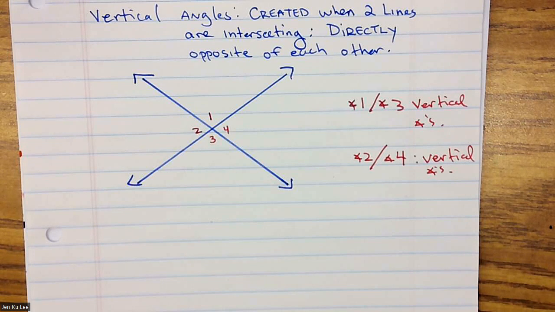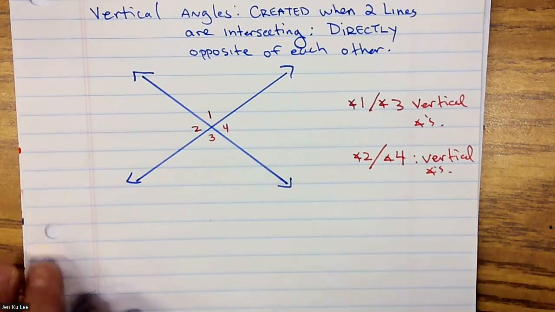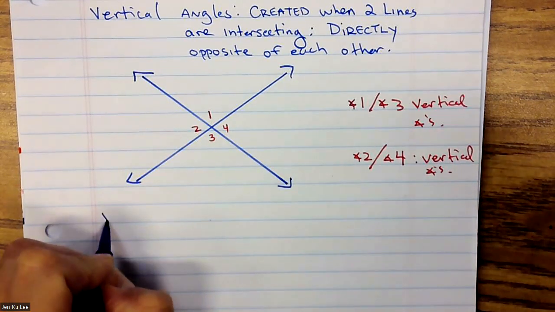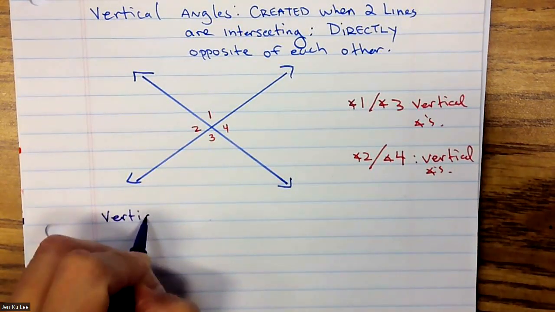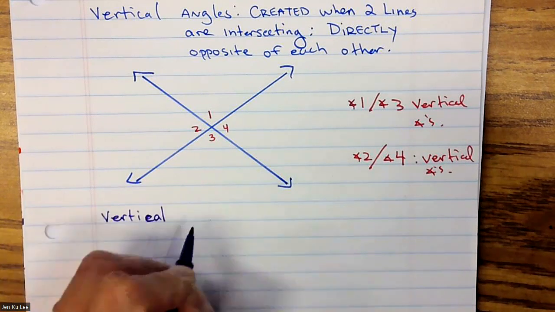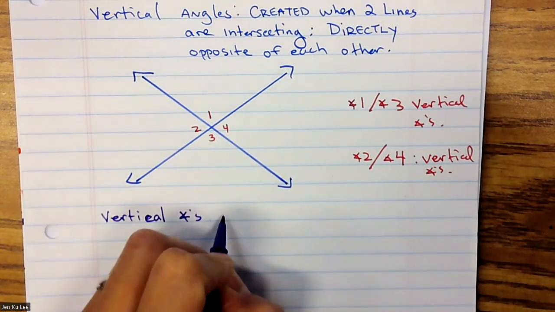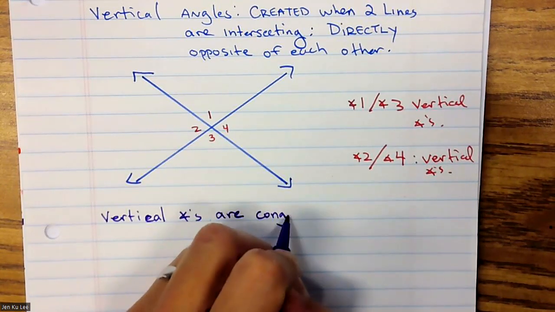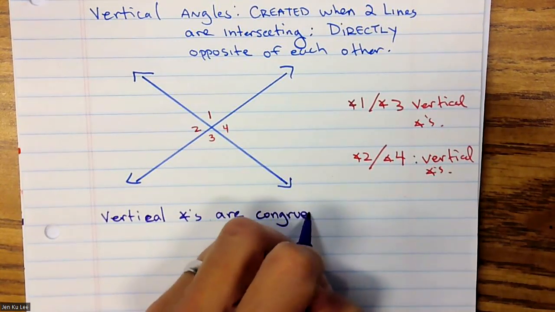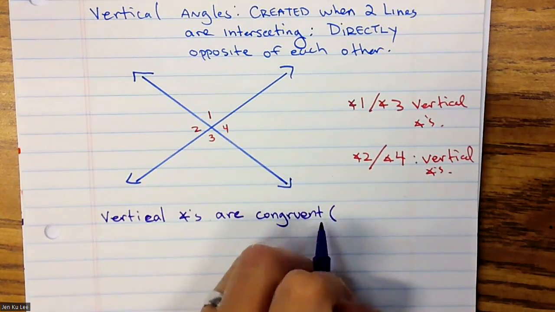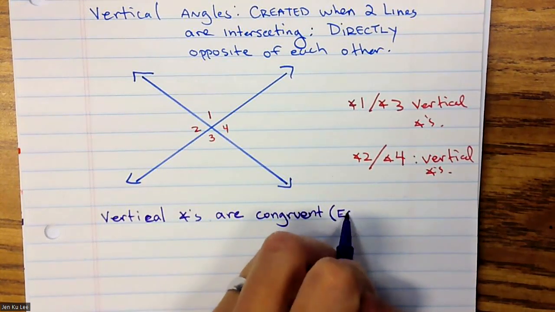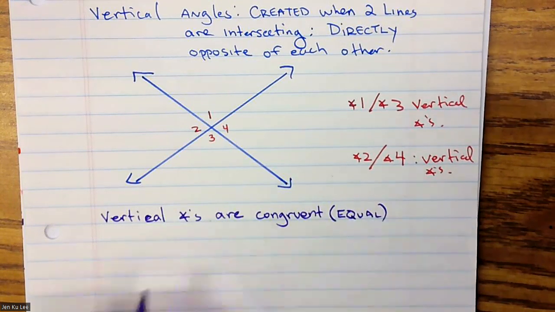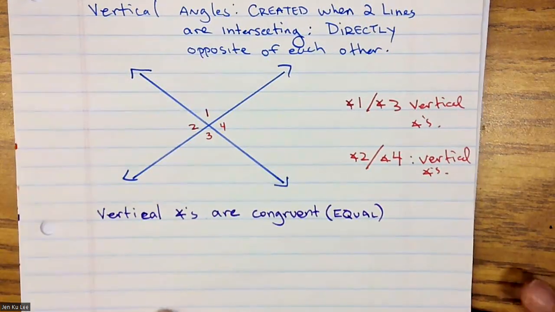So the activity was, what else do we know about these vertical angles? We know that vertical angles are congruent. I did not use this word in this class yet. Congruent means equal. So they're congruent or equal to each other.